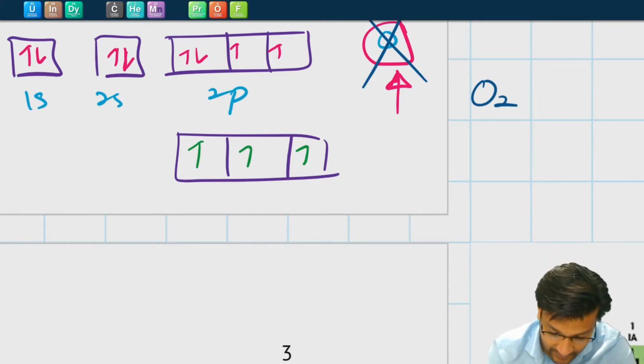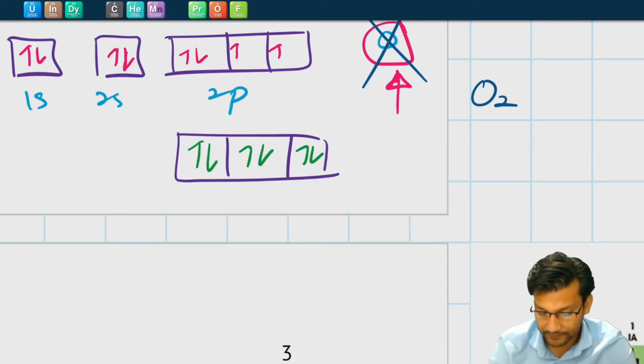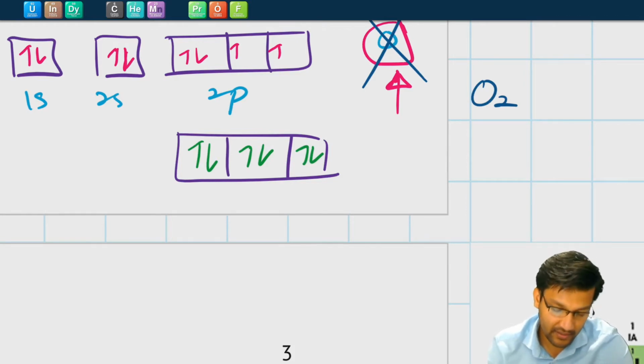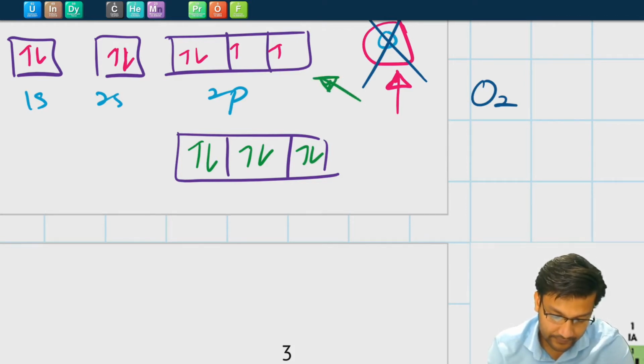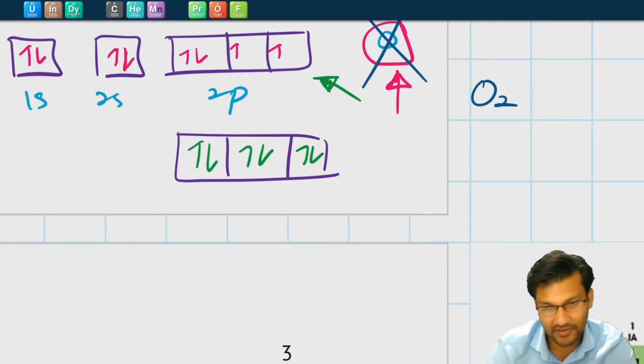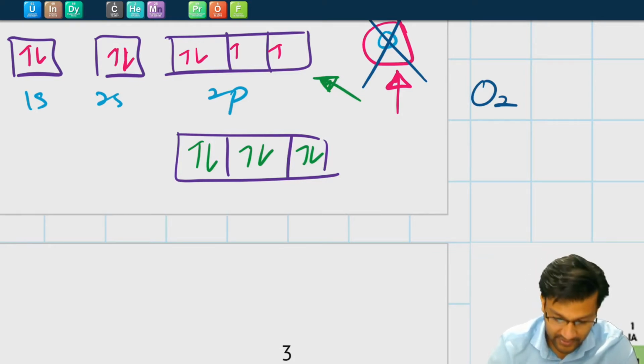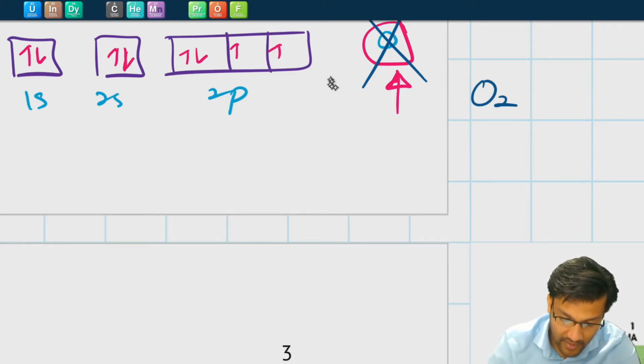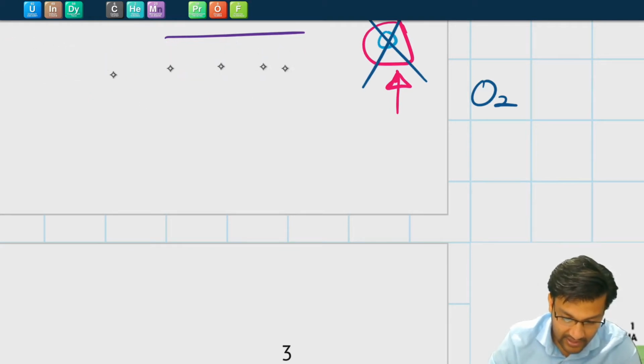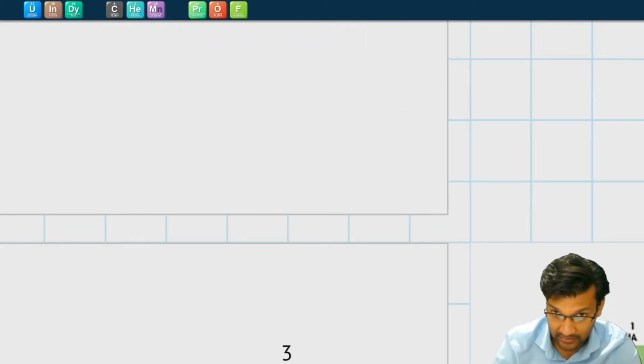And a completely filled 2p orbital would look like this. Those are cases that electrons like to be in. Other cases, typically they don't like to be in. Of course, for every rule, there's going to be exceptions to that rule. So remember that. Electrons like to be in subshells that are either completely filled, completely empty, or completely half-filled.